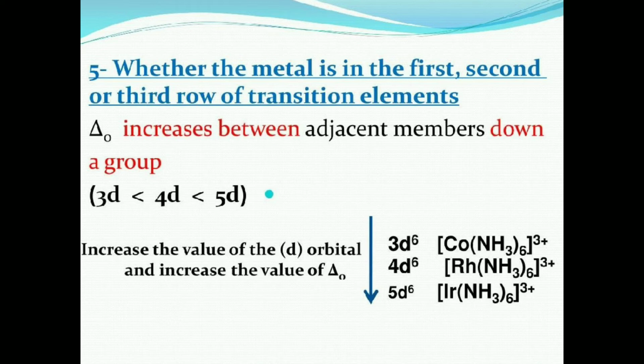As the d orbital value increases, the delta 0 value also increases. So this is also a directly proportional relationship between the d orbital value and the delta 0 value.